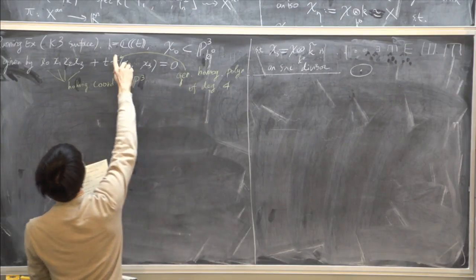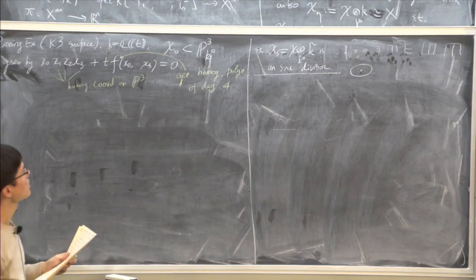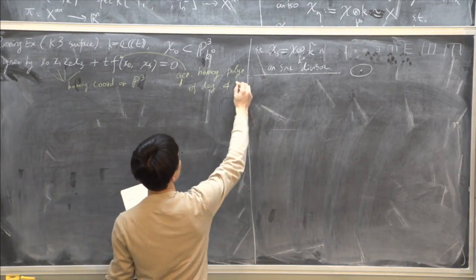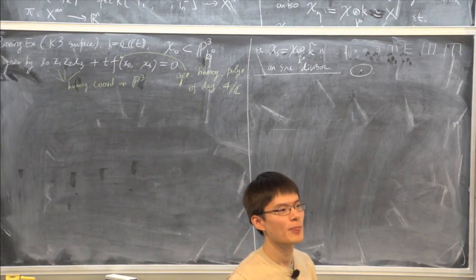I already assumed K to be the Laurent power series field over C.